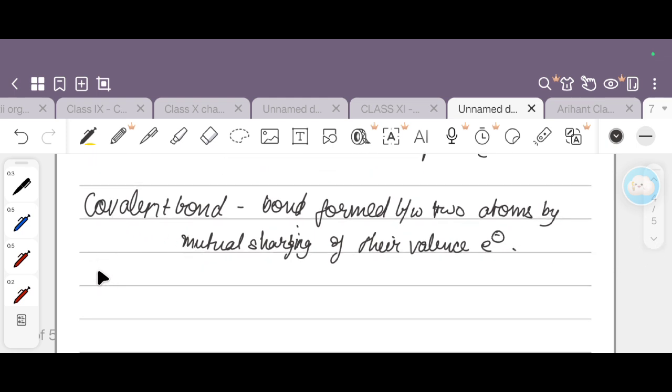Here are some examples, like we can see the formation of covalent bond.